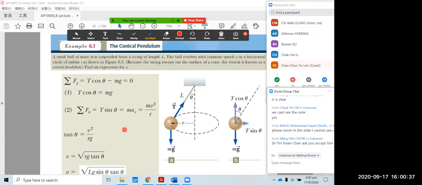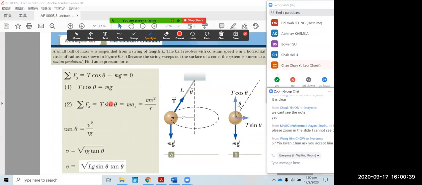You could now relate the tension and weight to the circular motion, because T sine theta is equal to m times v squared over r. Well, m times a is equal to the net force. So you have the equation connecting the tension, theta, velocity and r.